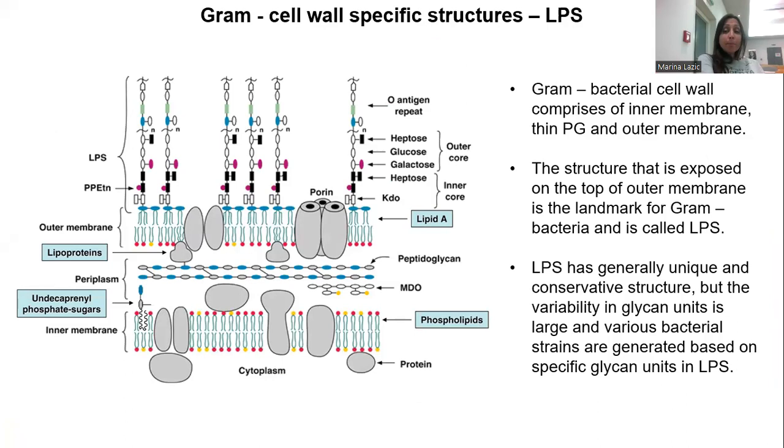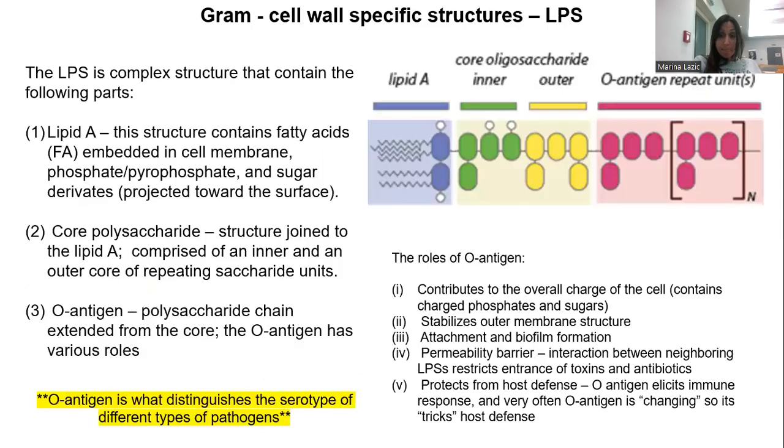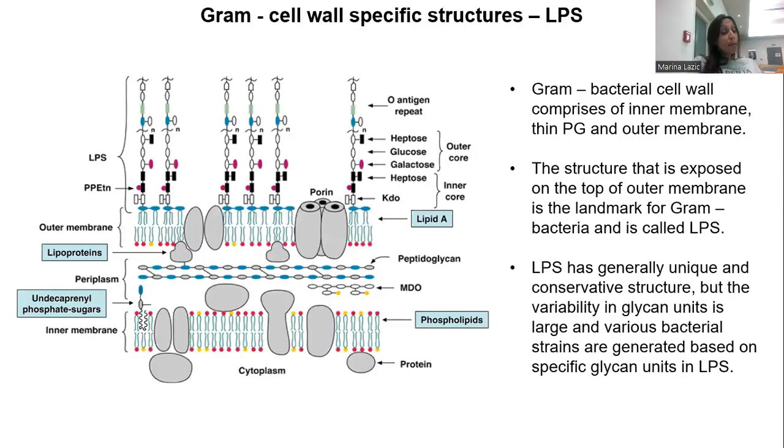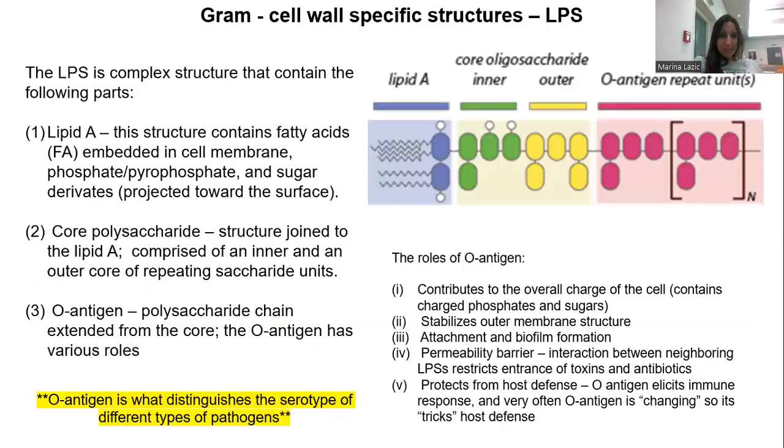The structure exposed on the top of the outer membrane is called LPS. It is a unique and conserved structure in gram-negative bacteria, and diversity among bacterial strains is formed because of variations of specific glycans present in lipopolysaccharide.